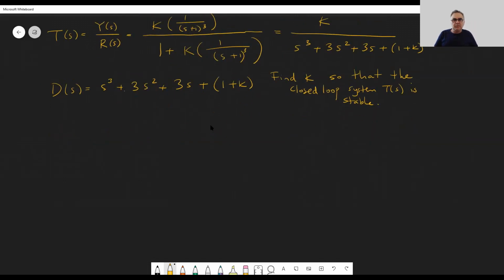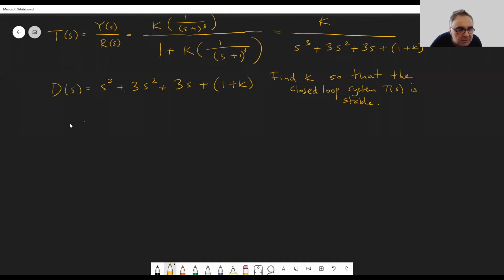What do we do? First of all, we look at the parameters. The parameters are all positive except the last one. K should be greater than -1 in the first place. We can see that, but let's skip that for the time being.